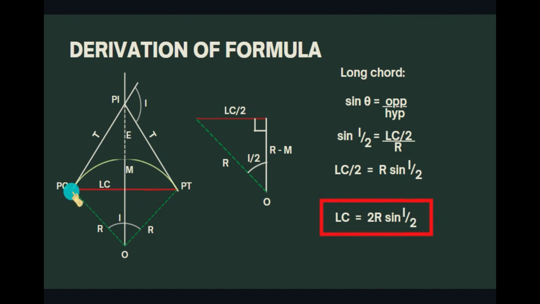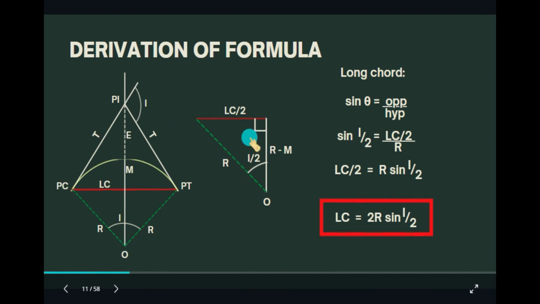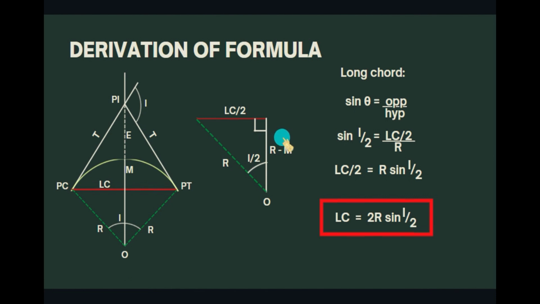Our next goal here is to compute the formula of our long chord, or LC, which is the distance from PC to PT. We can just extract this triangle again, and the labels are still the same. The goal is to compute for LC, and we can use the trigonometric identity of sine theta equal to opposite over hypotenuse. Theta here is still I over 2.